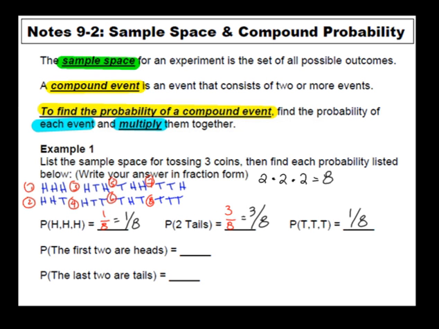Our next example says the first 2 are heads. That happens 2 different ways, so that would be 2 over 8, which reduces to 1/4. And the last says the last 2 are tails.